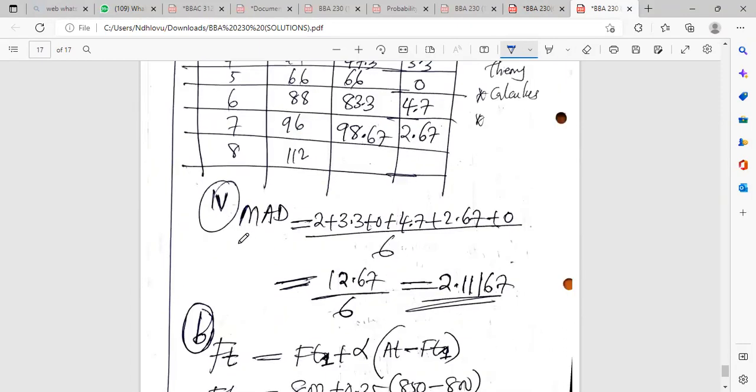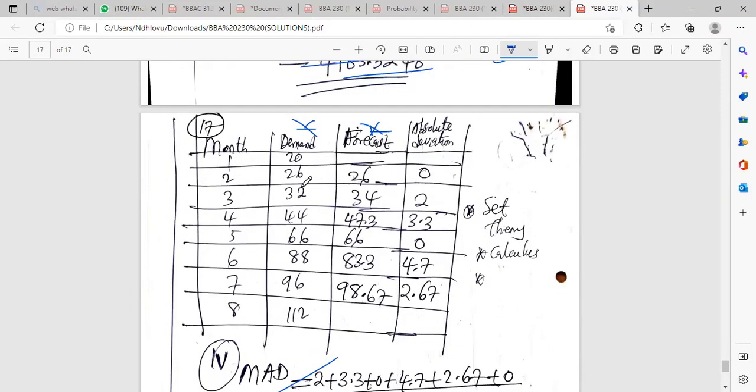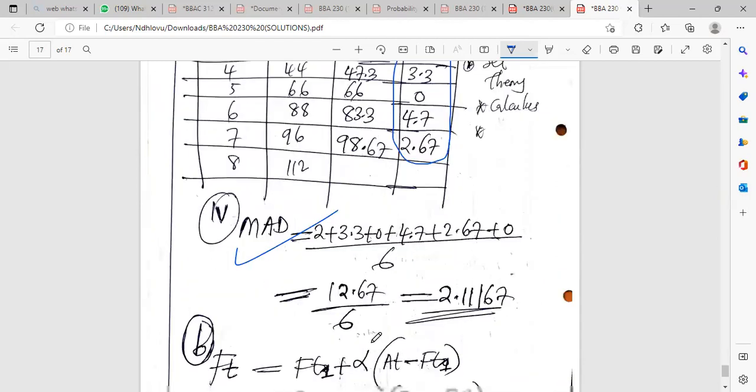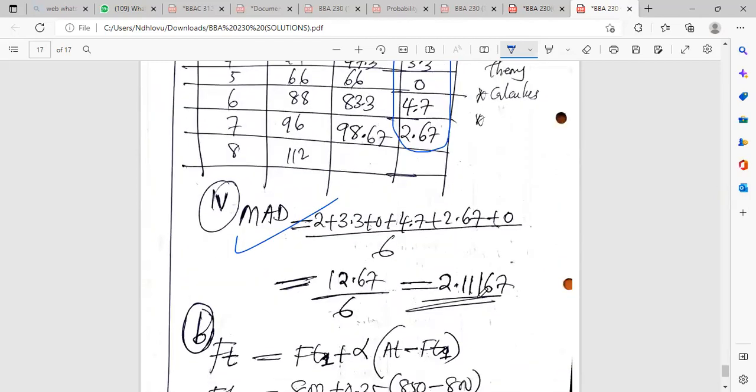Here the deviation is zero. If it gives you a negative, you ignore it. So you have 0, 2, 3.3, 0, 4.7, 2.67. These are the absolute deviations. Then we divide by how many there are. So the mean absolute deviation is 2.1167.